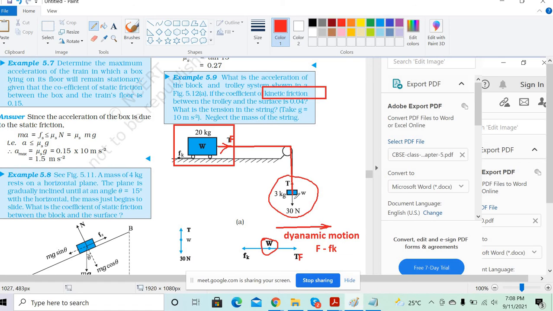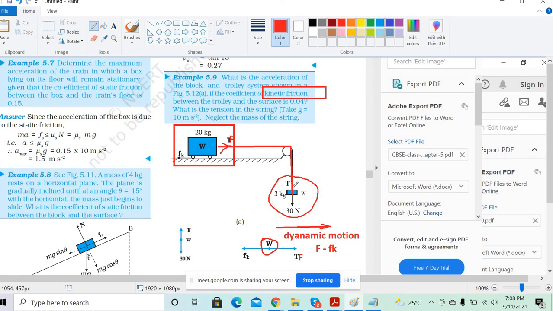Now what is happening in this case? If I draw the free body diagram for this part, there is a force of 30 Newton acting in the downward direction. How 30 Newton? Because it is a 3 kg body, and gravity is acting downward.